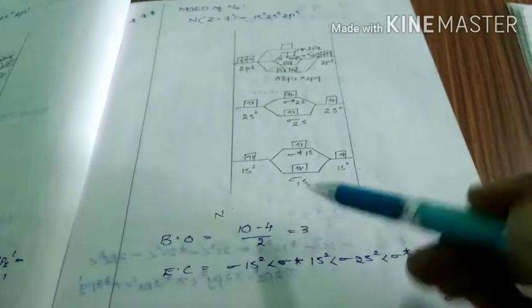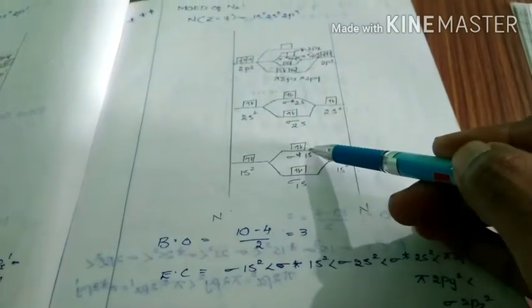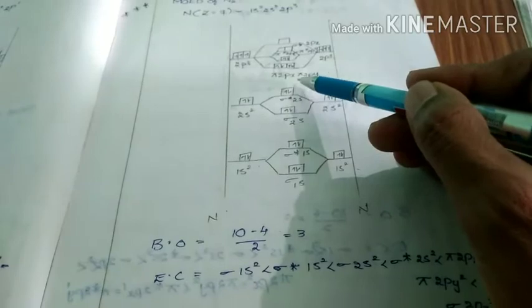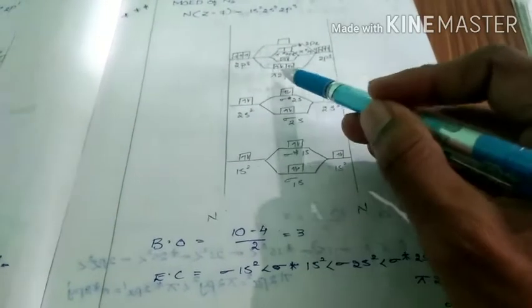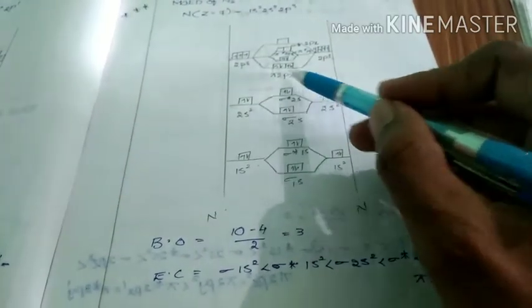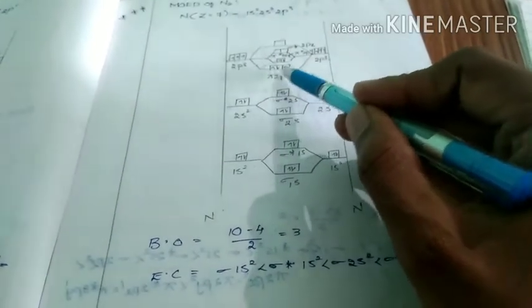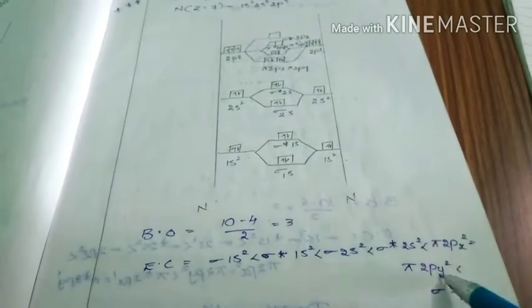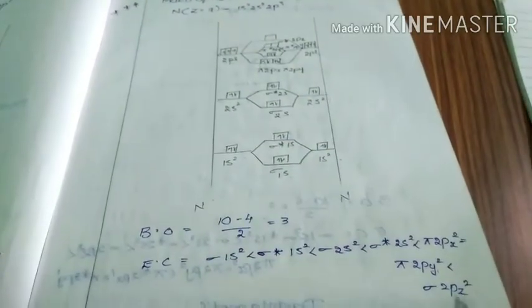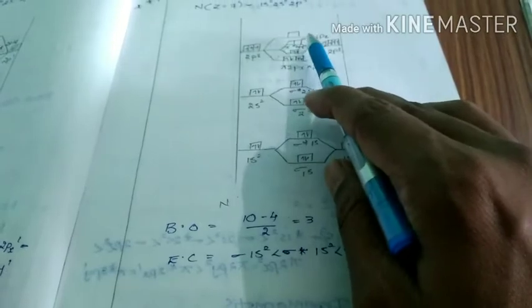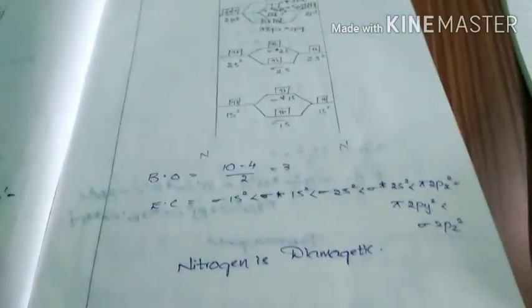This is the electronic configuration: sigma 1s2 less than sigma star 1s2 less than sigma 2s2 less than sigma star 2s2 less than pi 2px2 equals pi 2py2. Why is equal to mentioned here? Because both have the same energy. Why 2, 2 mentioned? Because both orbitals have 2, 2 electrons. Pi 2px2 equals pi 2py2 less than sigma 2pz2. Nitrogen is diamagnetic because in this molecular orbital configuration there is no unpaired electron. If there is no unpaired electron, it comes under diamagnetic.